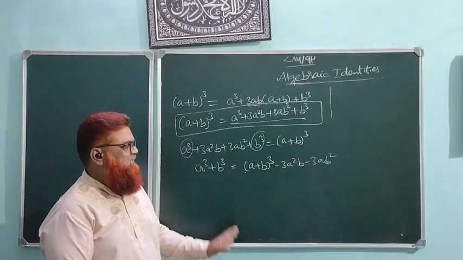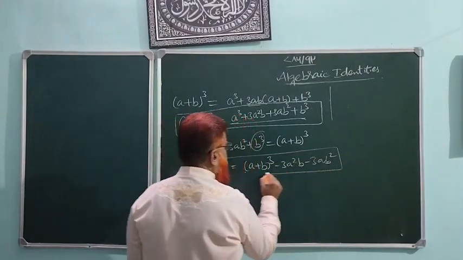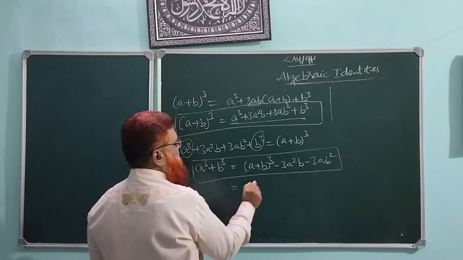Alright. This is the way. Now we can get this form also: a³ + b³.